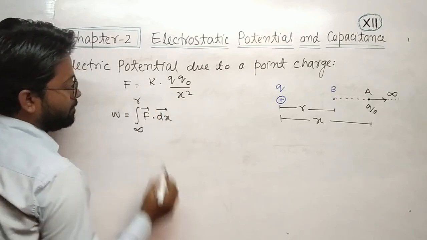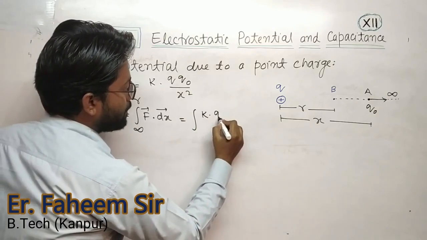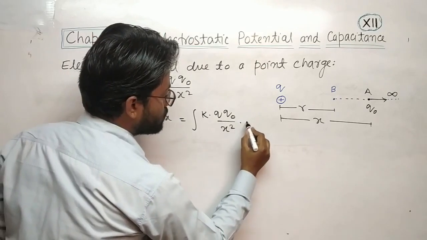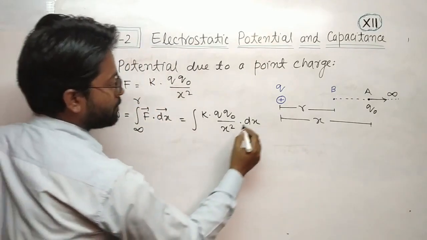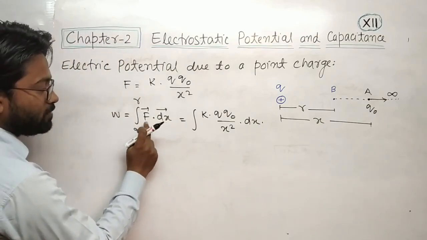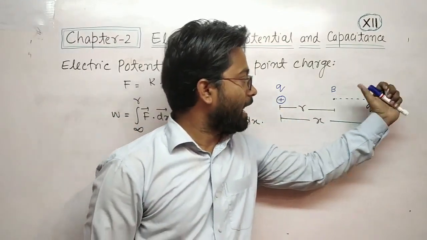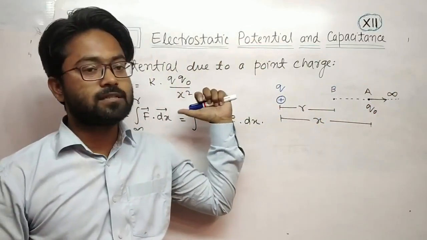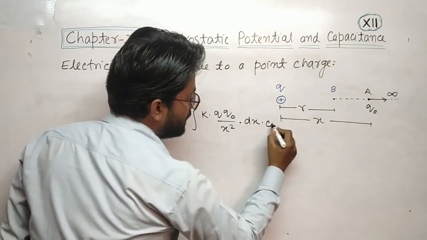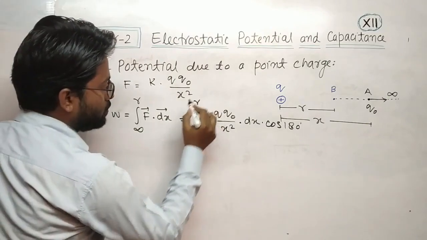The force is K Q Q naught upon x square dx into cos of the angle between force and displacement. The electrostatic force and displacement are in opposite directions, so the angle is 180 degrees, integrated from infinity to r.